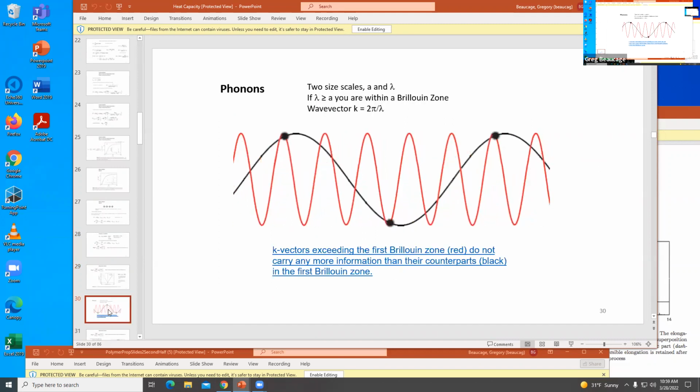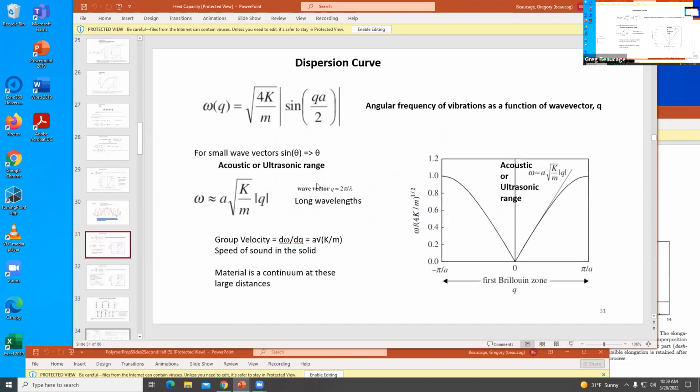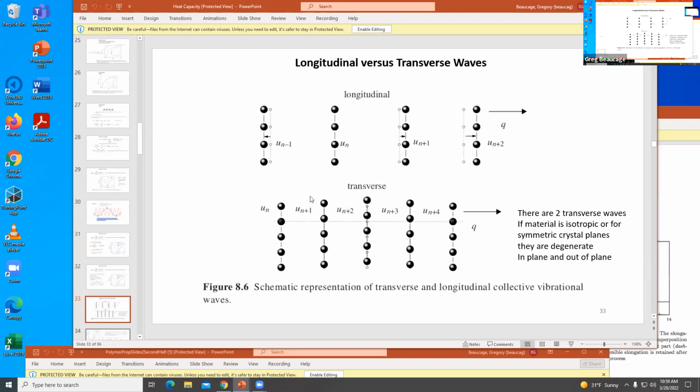Like you have modes of vibration that come out of this thing. So you can talk about heat capacity, with longitudinal and transverse waves. There are different kinds of waves. You can have a compressive wave, or a wave in the ocean.